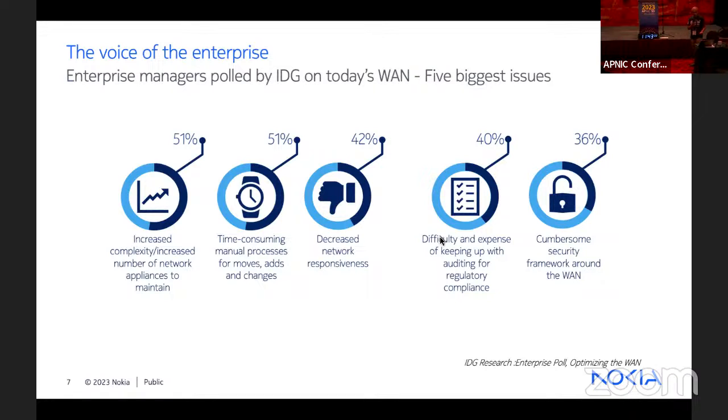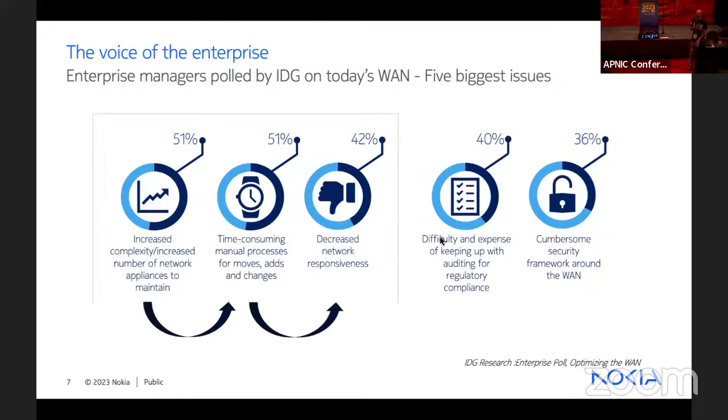So they spoke about the increased complexity and the number of different appliances they had to maintain in their network, right? If you look at a typical enterprise, there are many different types of devices, firewalls and WAN acceleration engines and so on sitting there. That leads to a very time-consuming process to do moves, adds, and changes in the network.